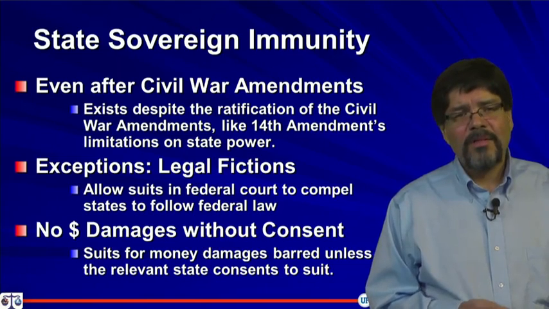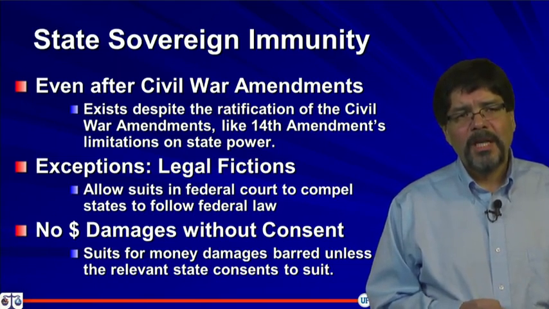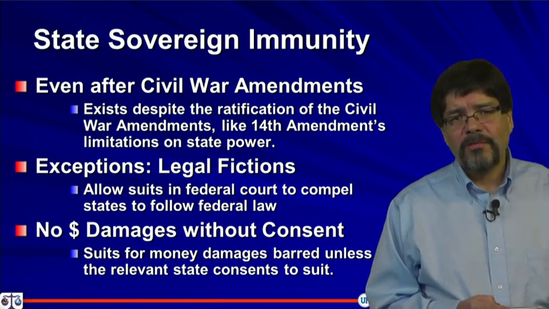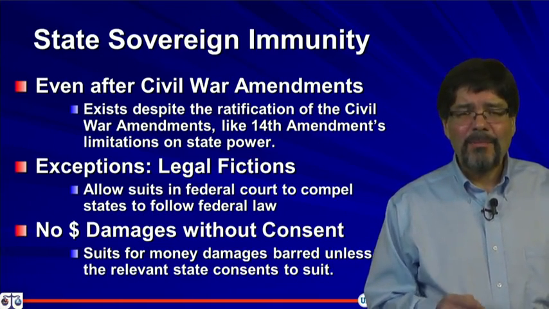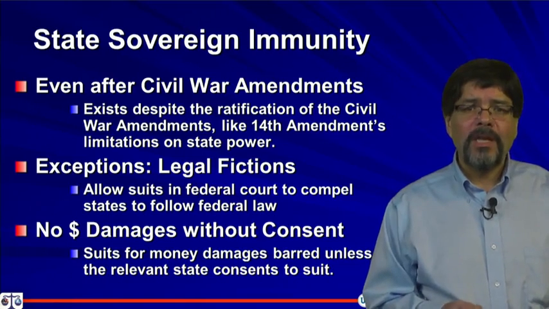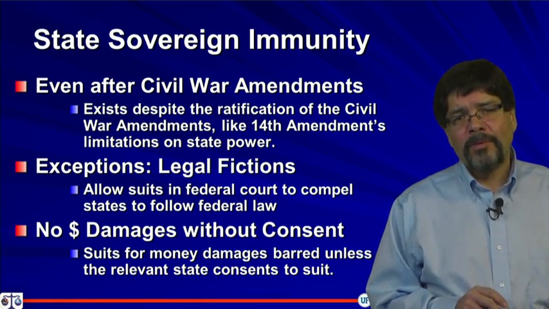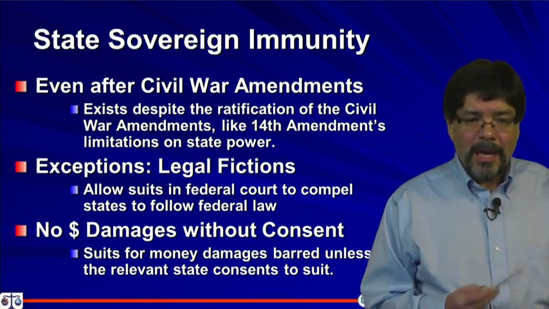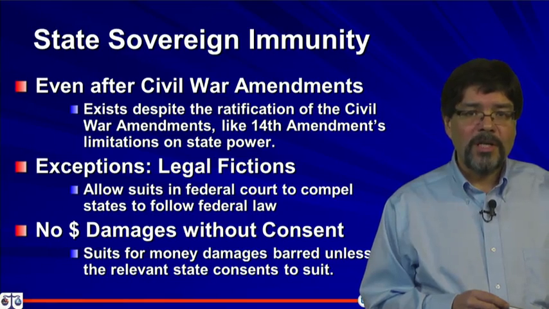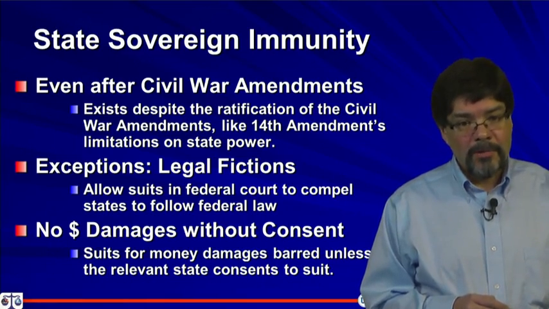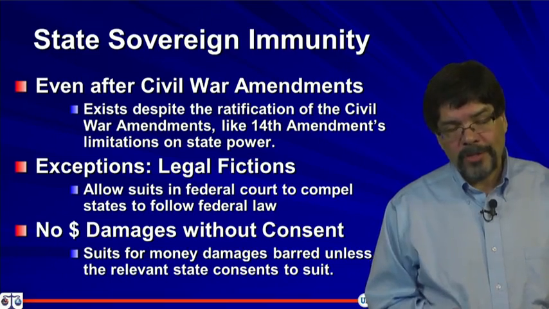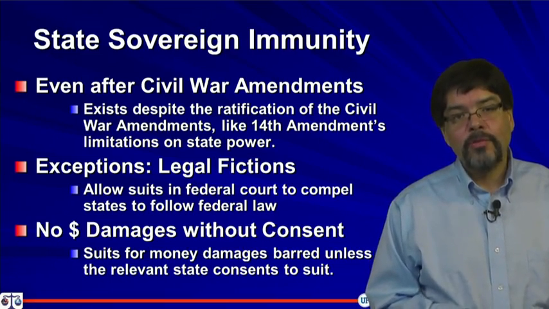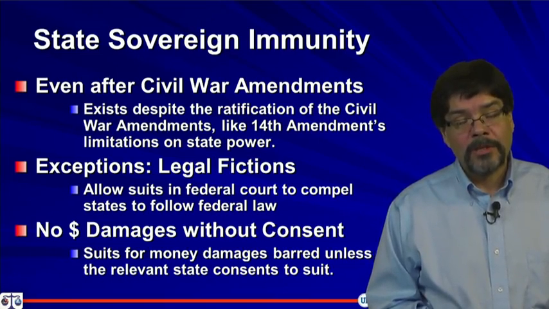One of them is that if a government official acts in a way that is arguably a violation of the Constitution, he or she is deemed to be acting in an ultra vires way, meaning that they're acting beyond their legal authority and therefore they are stripped of their protection of sovereign immunity. However, the sovereign immunity rule means that monetary damages are not awardable against the state in a judicial proceeding unless the state consents to suit, and that has to be done, generally speaking, expressly in a statute.